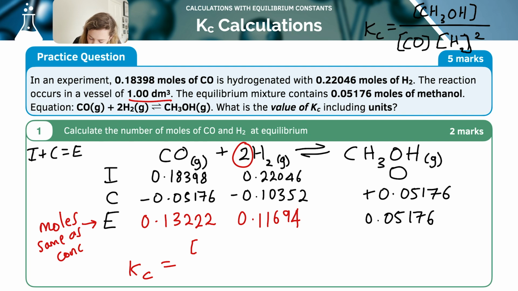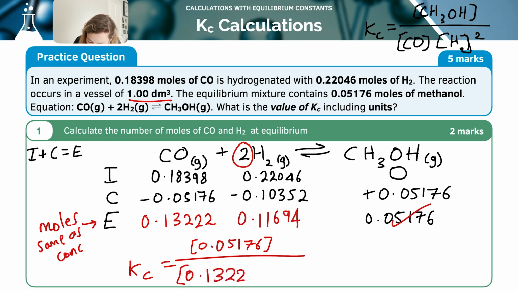So Kc is equal to the equilibrium concentration, 0.05176 for this one, and then I'm going to put my CO in, 0.13222, times 0.11694, that's my hydrogen squared.